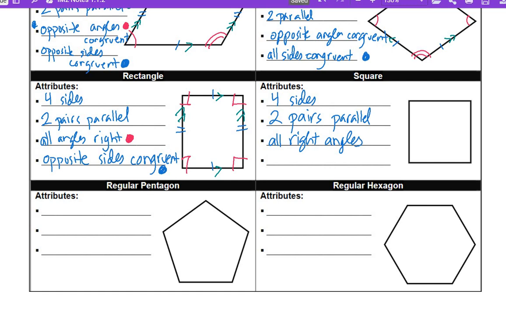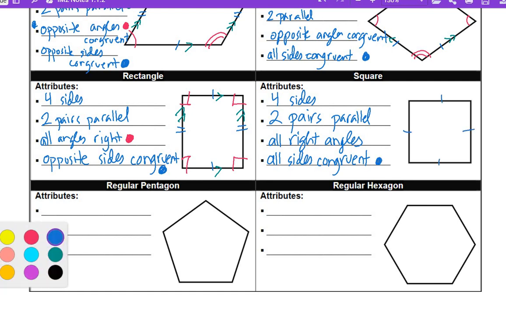And all sides congruent. Okay, I'll mark the sides in blue. I'll mark the angles in pink. I'll mark the parallels in green.